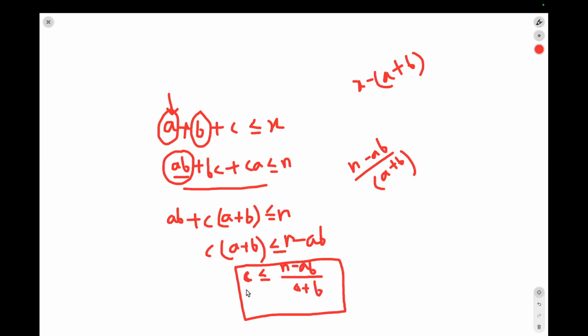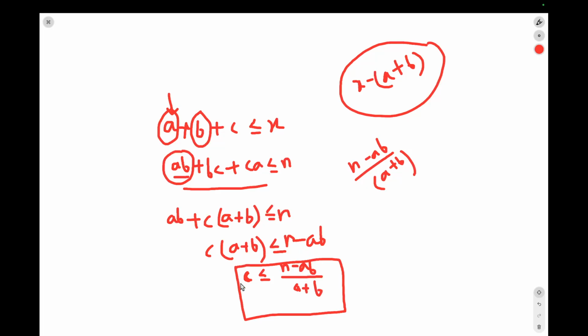So anything between 1 and this number can give us a valid answer. Every time we find c, we have to follow both of the conditions.